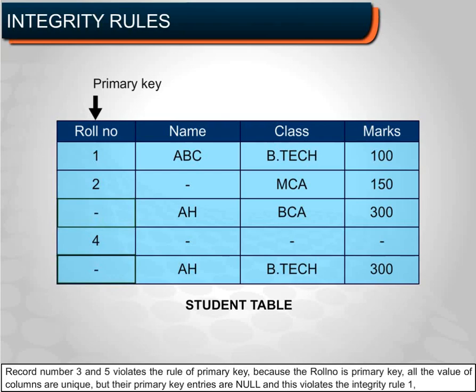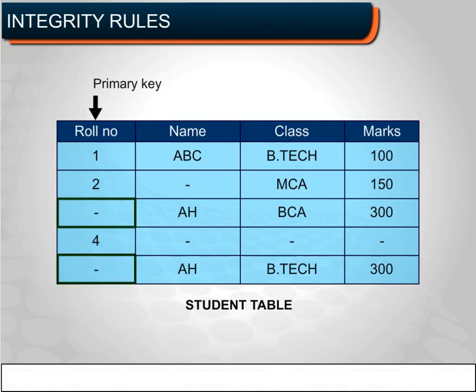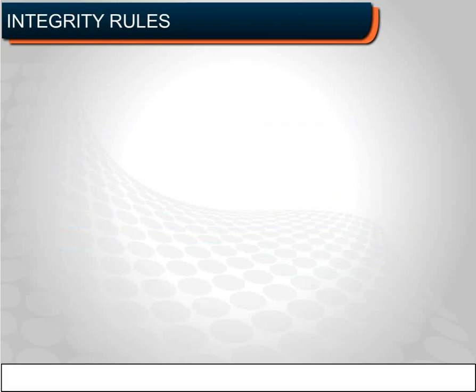Record numbers 3 and 5 violate the rule of primary key. Because the roll number is the primary key, all the values of columns are unique, but their primary key entries are null, and this violates integrity rule 1. So, these records are not allowed in a DBMS.